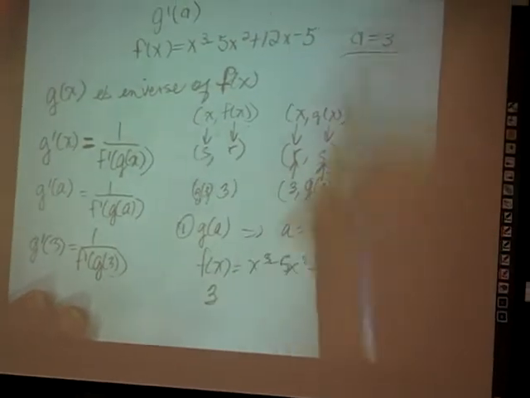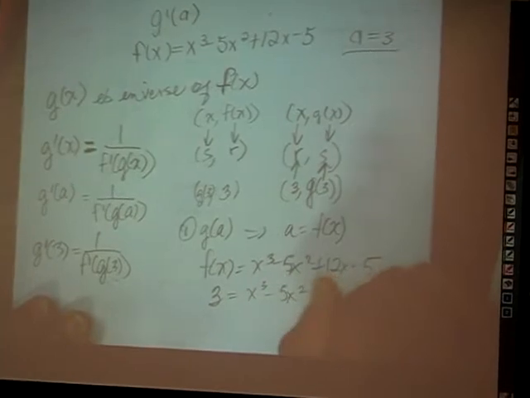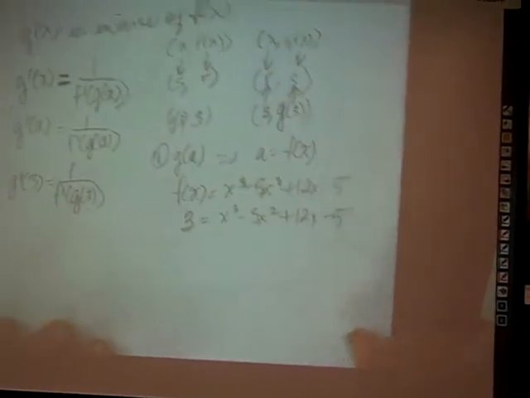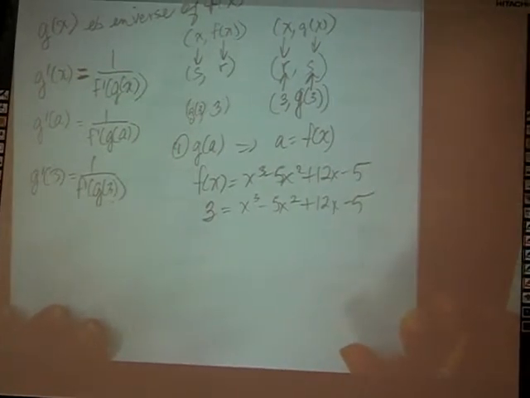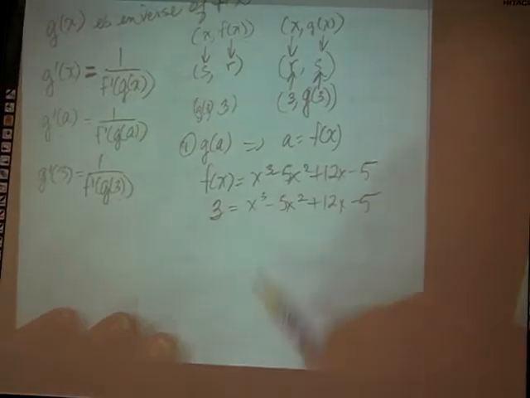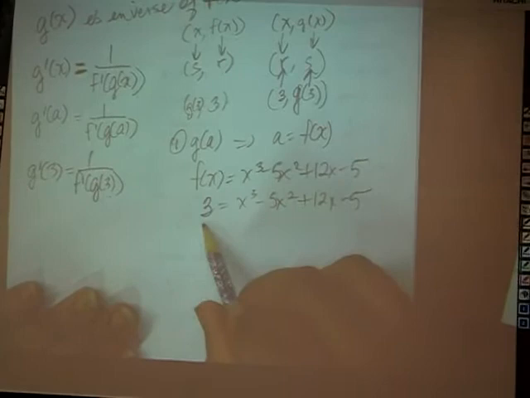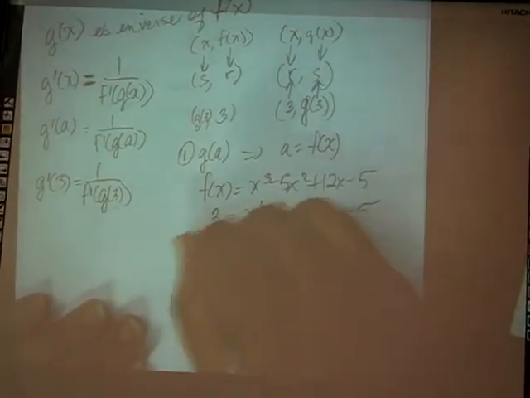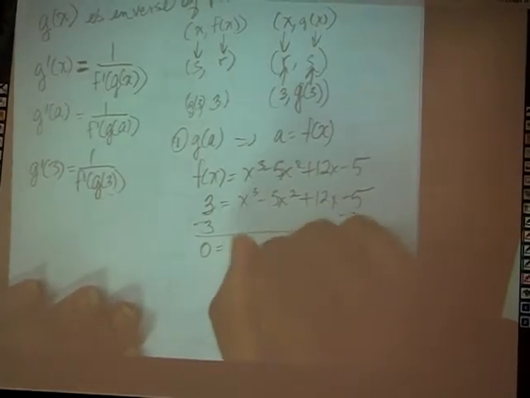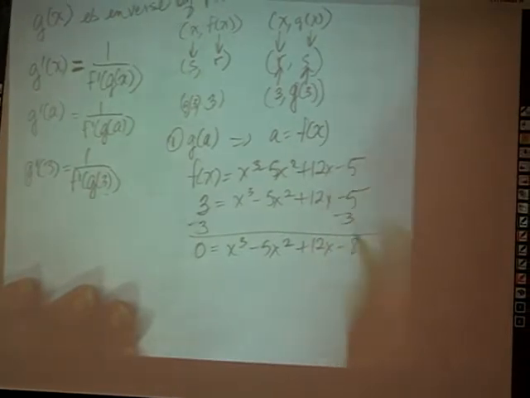So a was 3, so 3 equals x to the third minus 5x squared plus 12x minus 5. Boom. So to solve for x, this is a cubic function, so I need to get everything on one side. If I get rid of this 3, I'll subtract 3 from both sides. I'll get 0 equals x to the third minus 5x squared plus 12x minus 8.